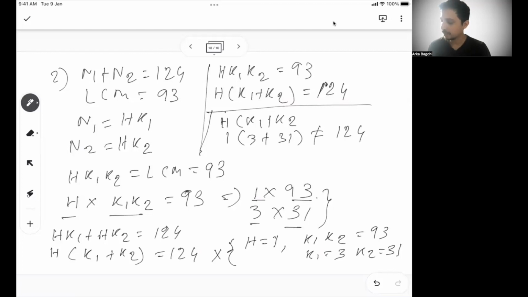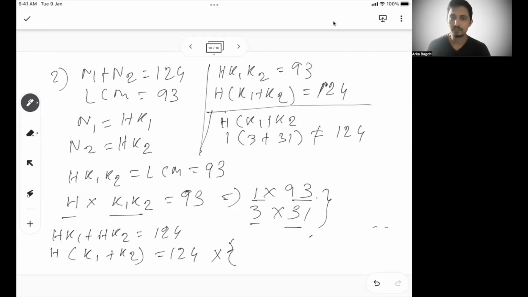Okay, H 1, K1 3 and K2 31. So this is not a valid scenario. So what is a valid scenario? So 1, 3, 31 is not a valid scenario, right?